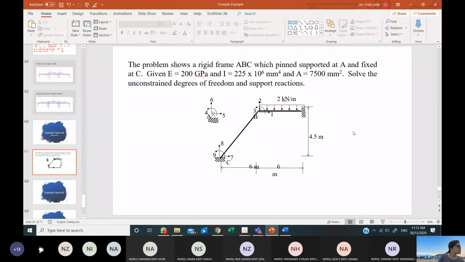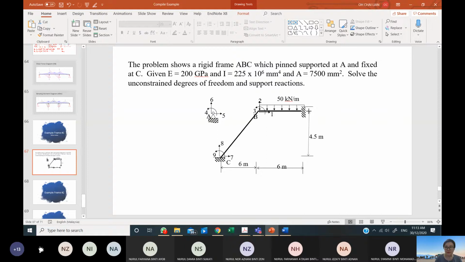Let me check whether it's correct. This 50 kilonewton per meter is working on a 6 meter span and the other 6 meter span. The height is 4.5 meter.